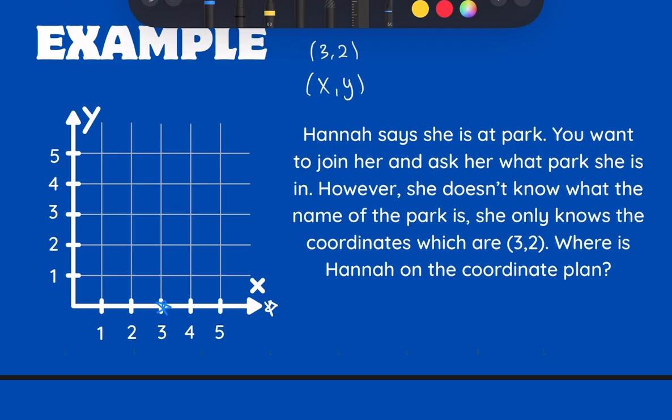And now our y-axis is what goes up and down. So our y-coordinate is 2, which is right here. And we basically want to find the point where they would meet. So if this is 3, 2, Hannah must be right here. So that's how you would plot a point on a coordinate plane.